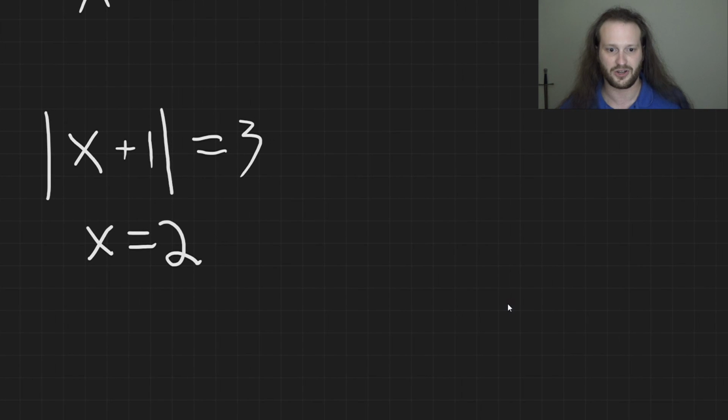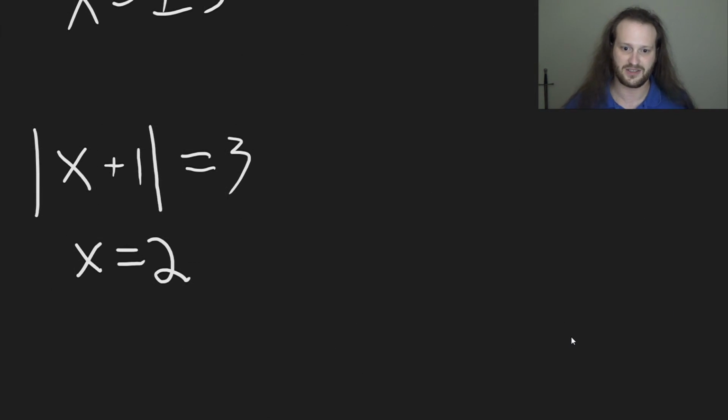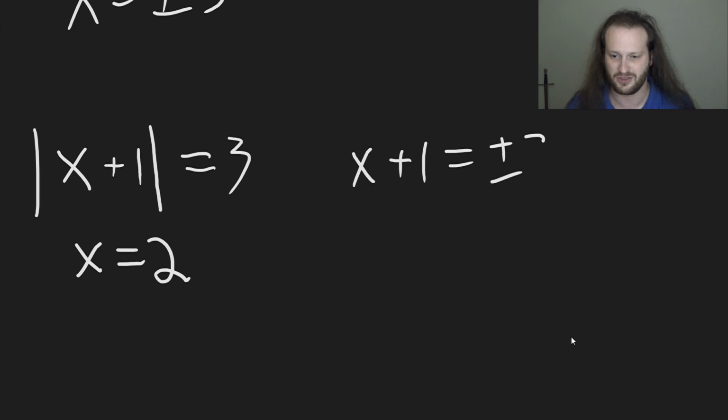So what we're going to do instead is say that the entire expression that's inside the bars is equal to plus or minus 3. But that still doesn't look good because we still haven't solved for x. That's what we're trying to do with algebra, is isolate the variable.